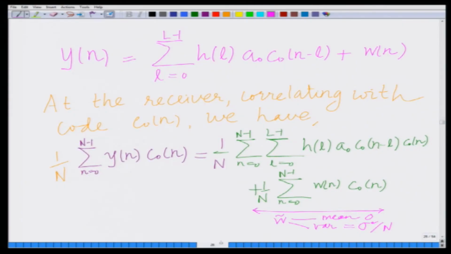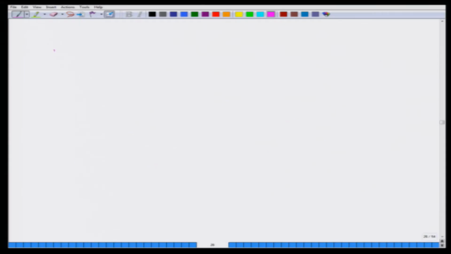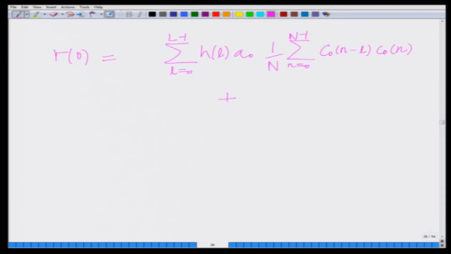So, if I denote this correlation by R0, I can write the signal part as R0 equals 1 over n summation L equal to 0 to L minus 1 of H L A naught, also take the 1 over n inside, 1 over n summation n equal to 0 to n minus 1 C naught n minus L C naught n, plus our noise component W tilde.